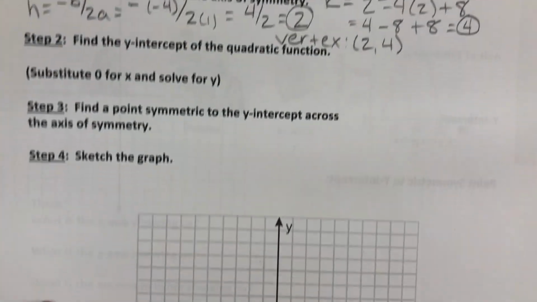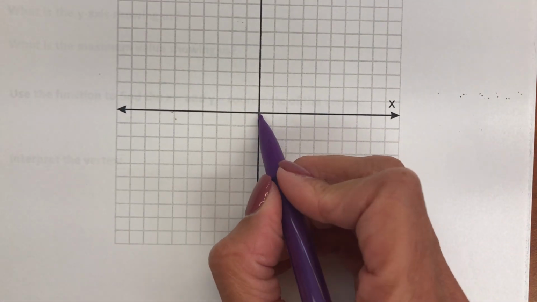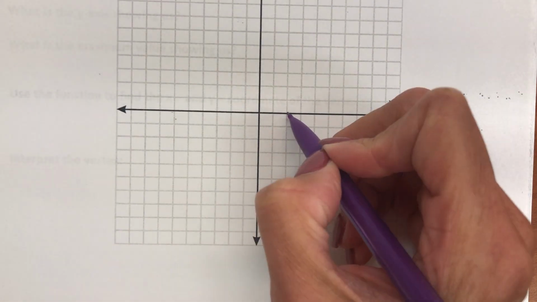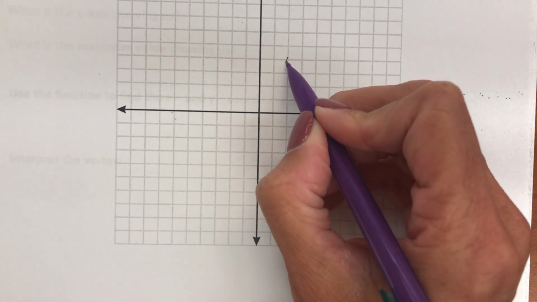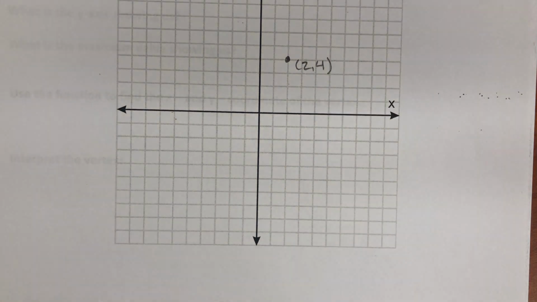All right, so I've got my vertex (2, 4). So I'm going to go down here and graph that (2, 4). Starting at the origin, go right 2, up 4. And there's your vertex. Now from the vertex, I can find my axis of symmetry.